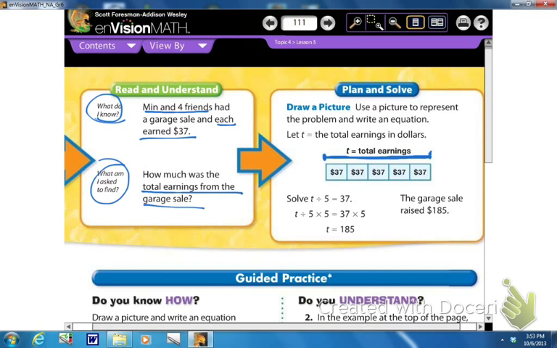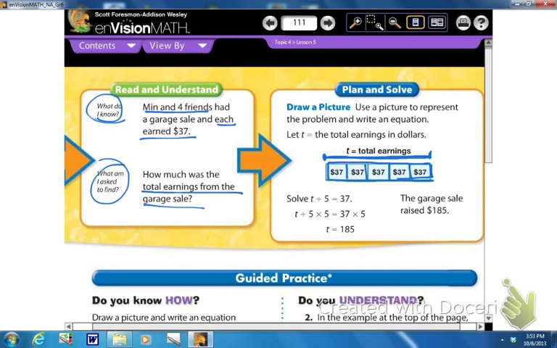So we want to find T, total earnings. And we know that there were 5 total, so this is why we have 5 strips lined up. Min and 4 friends, which would be 5, each made $37. Okay, so you should have something like this on your paper.